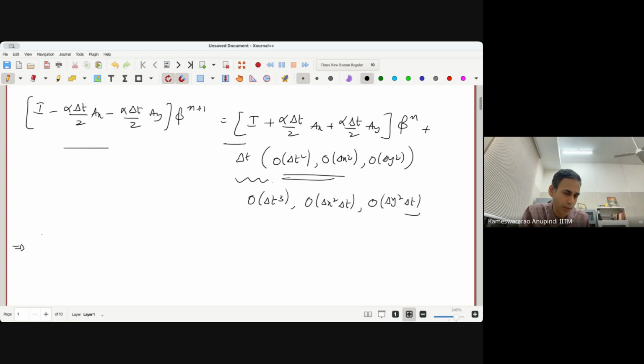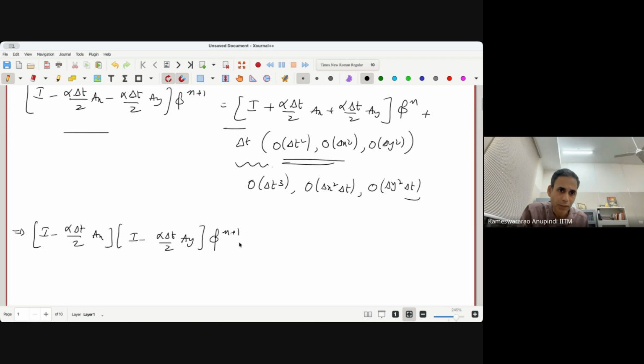I'm going to write this in a factored form, or in an approximate factorization, wherein I'm going to write these terms as a product of two terms. So I'm going to write this as I minus alpha delta t by 2 times ax times I minus alpha delta t by 2 times ay, and both operators operating on phi n plus 1.